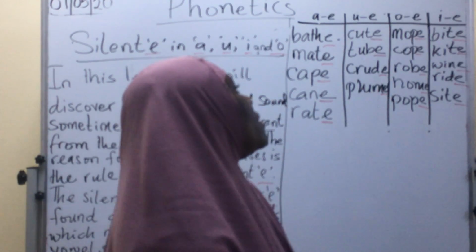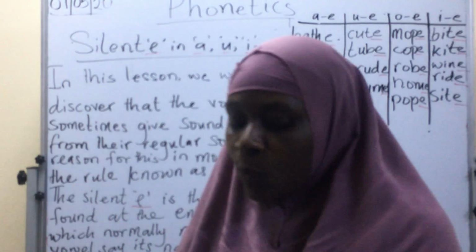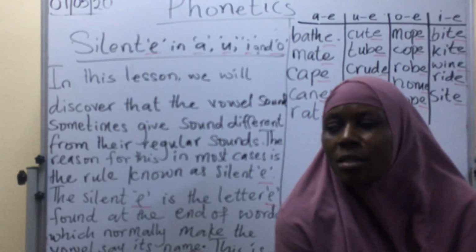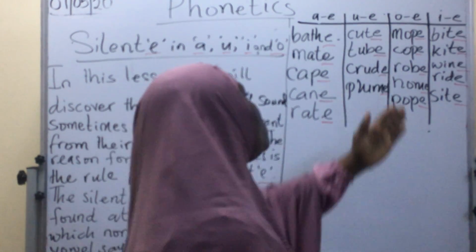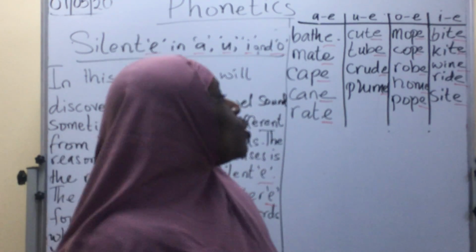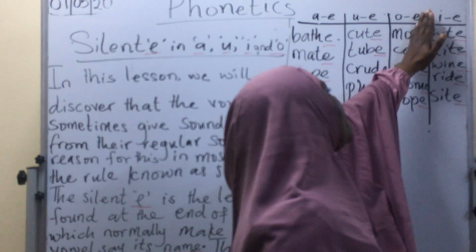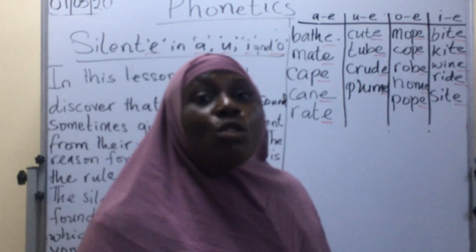The next one is silent E as it affects O. The letter O sounds O, but because of the silent E, the letter O is going to give us its name here. It's going to bear its name. So we have O here. But without this E, if you have M-O-P, without the E, it's going to give us mop.